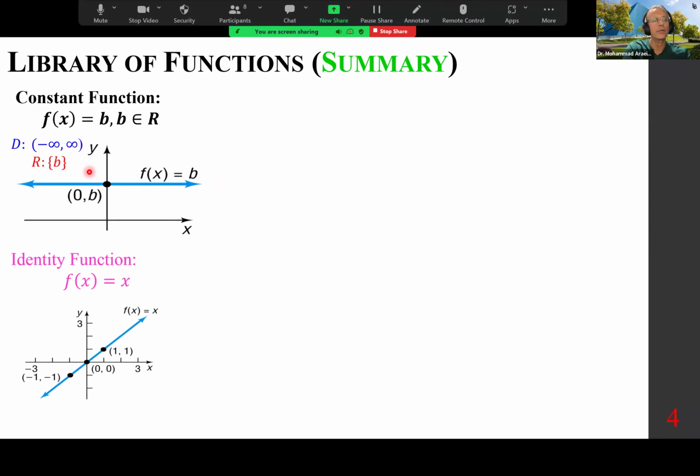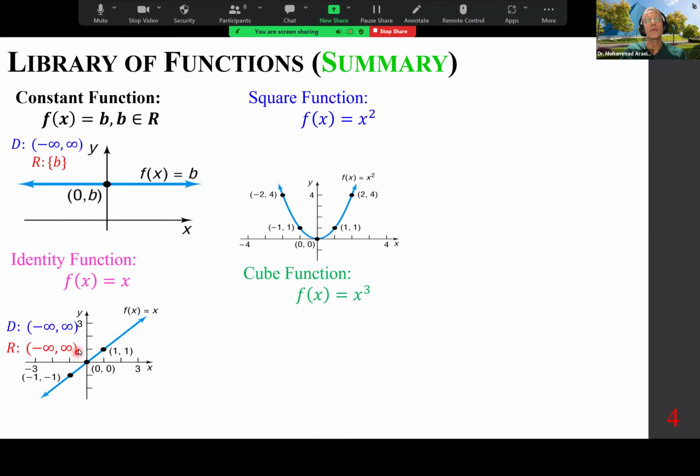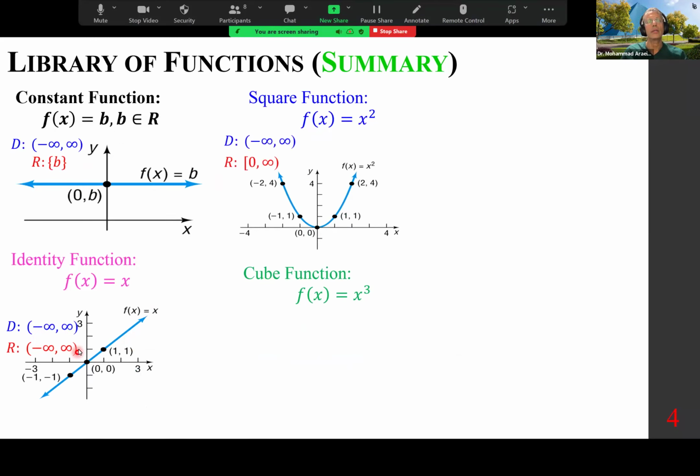The identity function f of x equals x is a linear function with domain and range being all real numbers. For f of x equals x squared, the domain is all real numbers. The range starts from here and goes up, 0 to infinity.